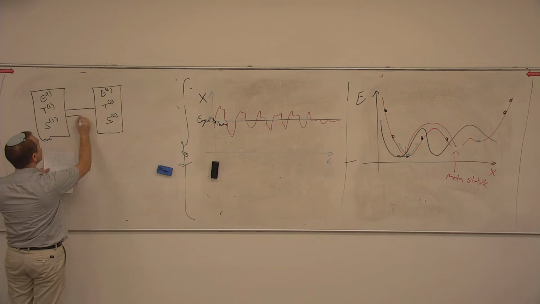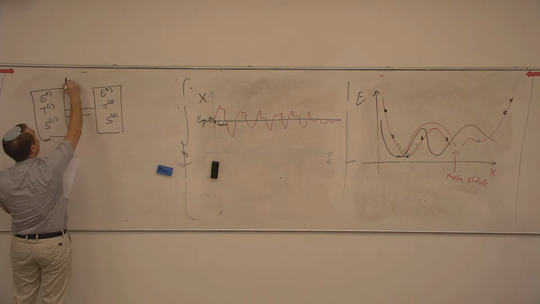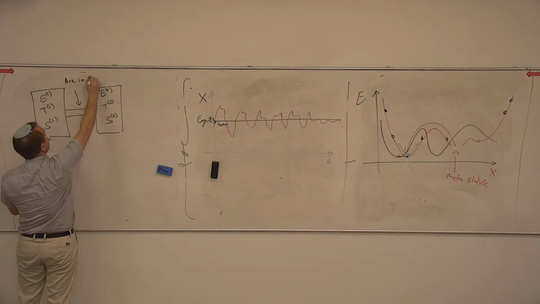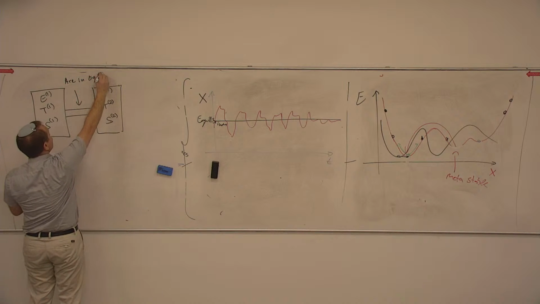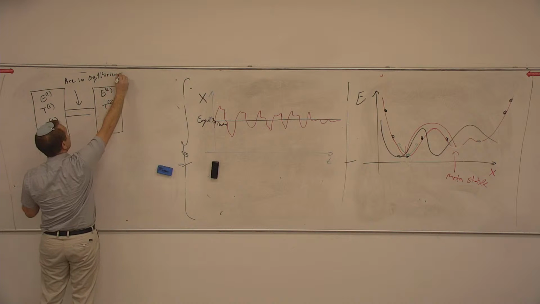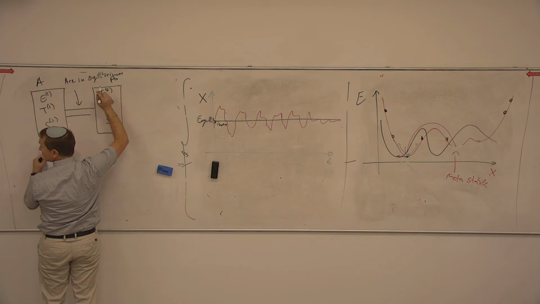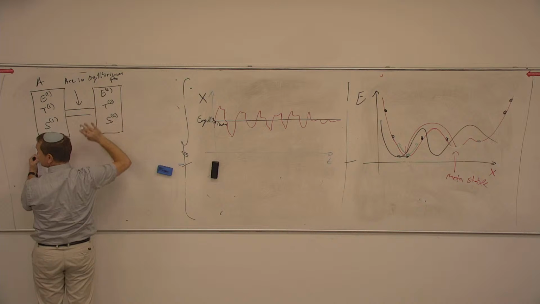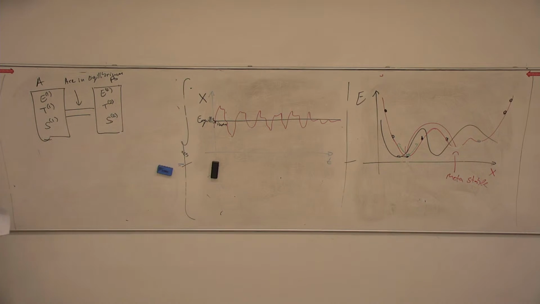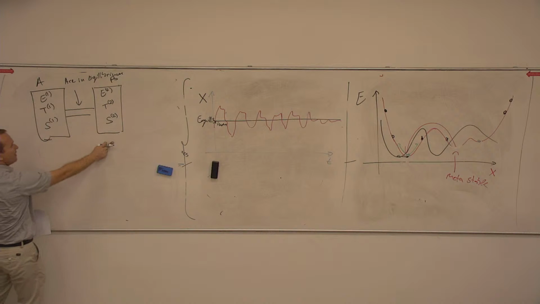So if those systems are in equilibrium, okay, so I have two systems. They are already in equilibrium. This is the energy of a system called A. A and B are in equilibrium.